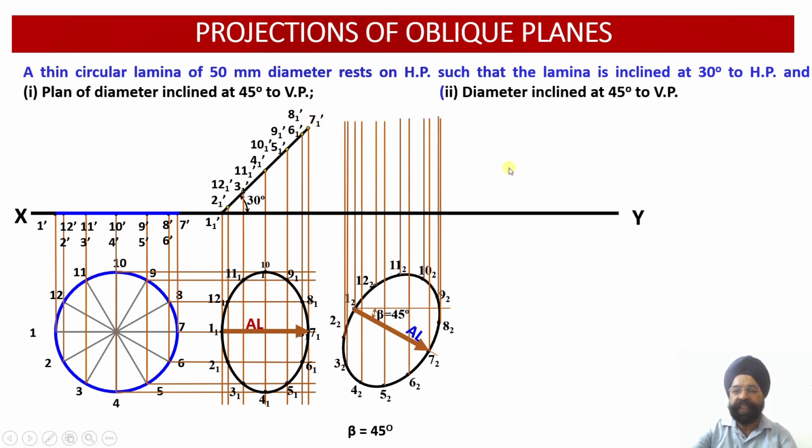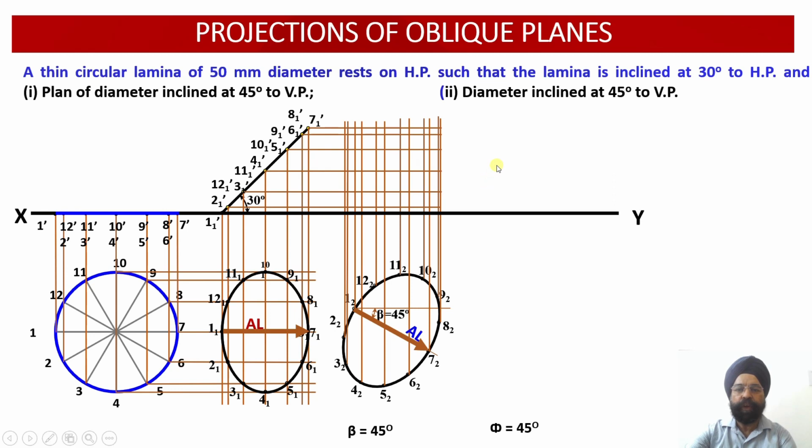So just see, these are the vertical projector lines which we have drawn through all these 12 points, and these are the horizontal projector lines which we have drawn from the elevation view. And we are going to find out the points of intersection of the corresponding points over here.